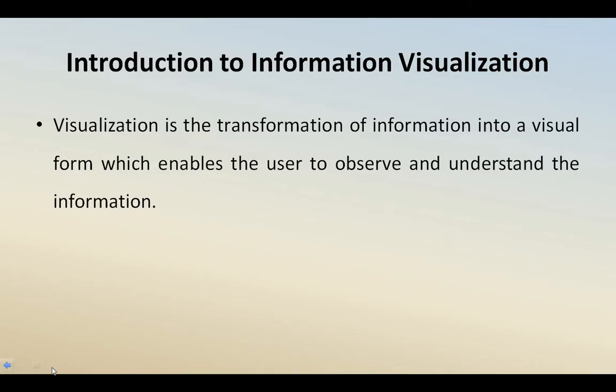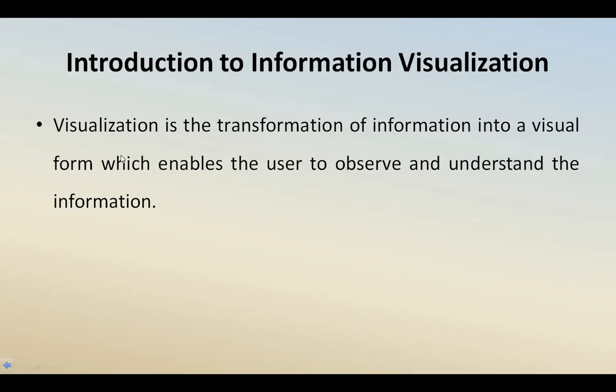Now we are going to see, normally, what is the meaning of information visualization? Visualization is nothing but visualizing that particular information, whatever it is, in a human understandable and human grasping form.